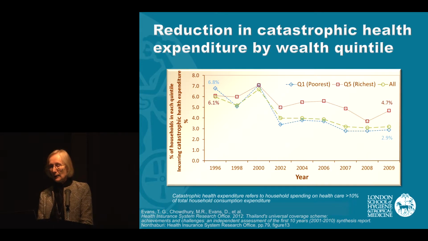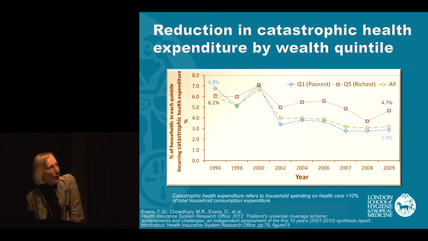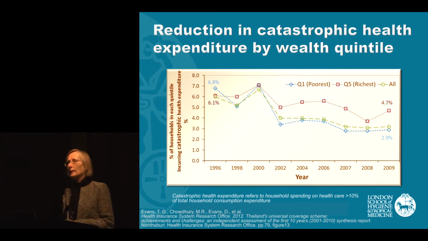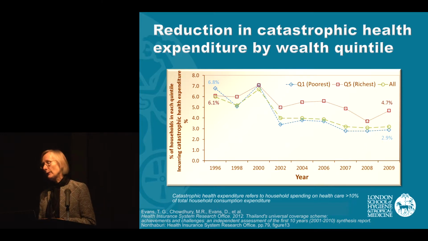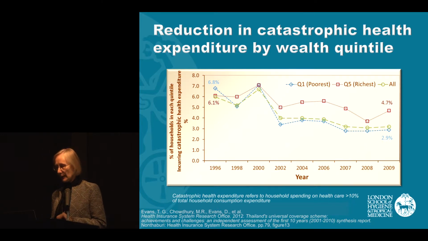And just to point to the lower line, the blue one, which is the line for the lowest, the poorest socioeconomic quintile. Back in 1996, roughly 7% of those households incurred catastrophic health expenditure in any year. By 2009, it was down to about 3%. So showing significant benefits in financial protection.